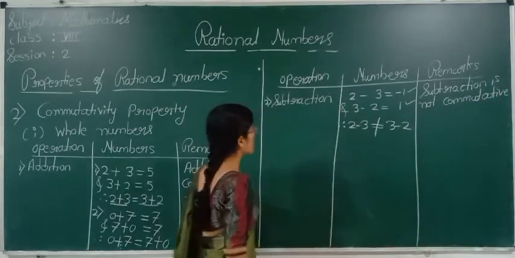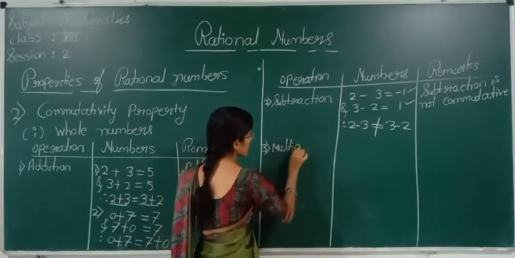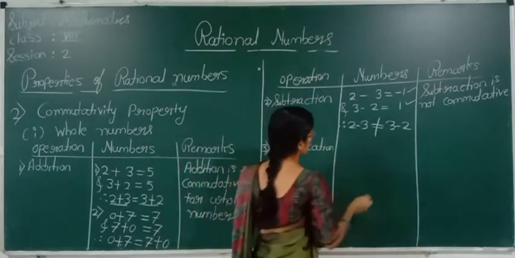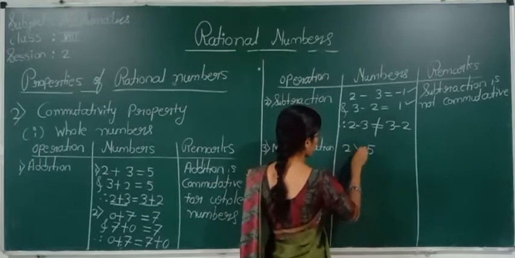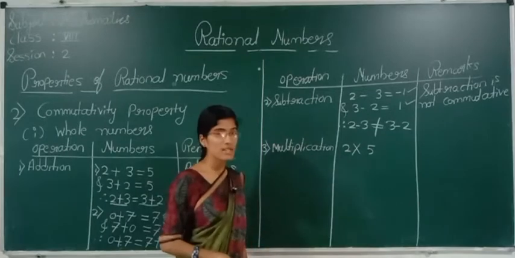Now we will see for multiplication. If I take two whole numbers 2 and 5 and perform multiplication, is 2 into 5 equal to 5 into 2?